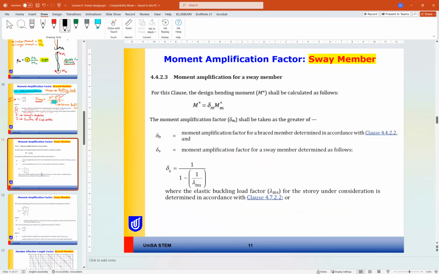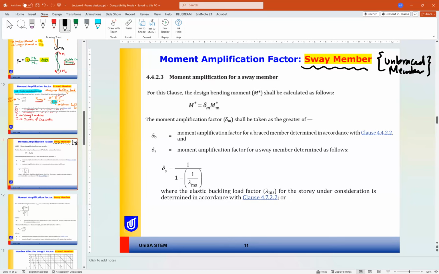Okay, so all of that was for what? Braced member. Now for sway member or unbraced member. For an unbraced member, the method mentions that the design bending moment will be M asterisk equal to delta m times Mm.